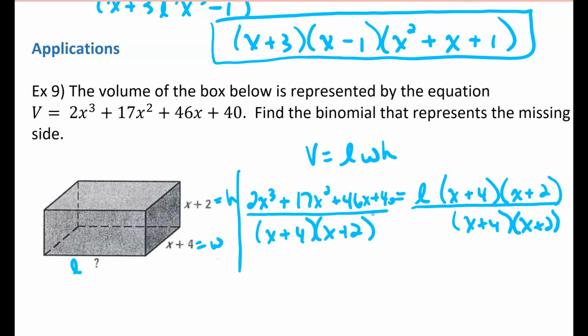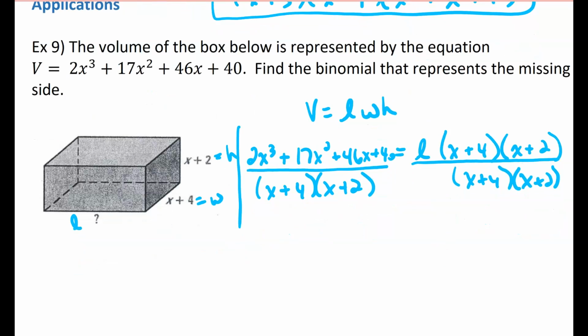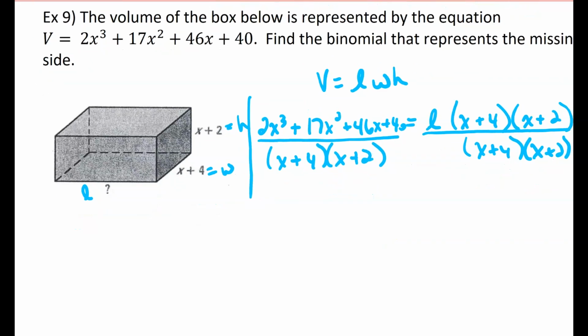Does that look like it's not going to be much fun? Yeah. Okay. But can we make this easy on ourselves? I hope so. Okay. Do we have to divide out both of those binomials together at the same time? No. We can do one at a time using, what's our nice quick method?